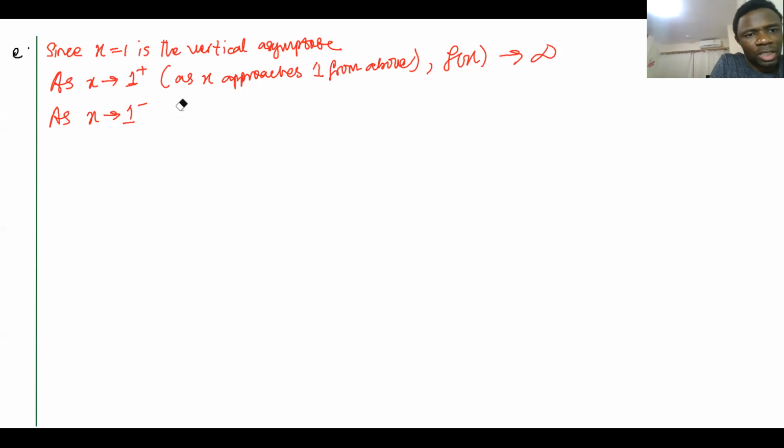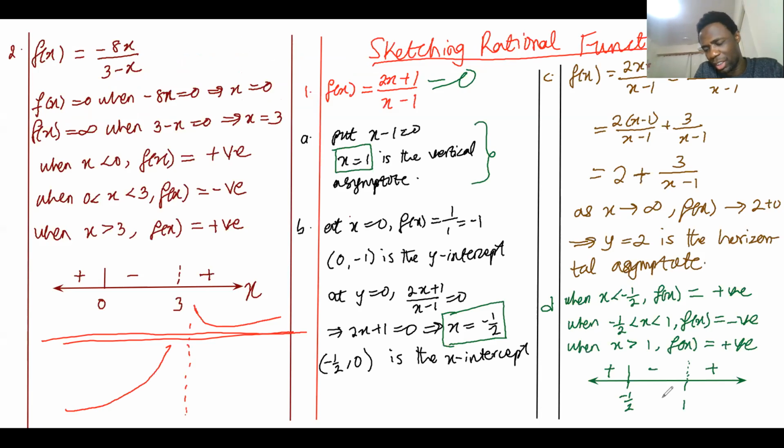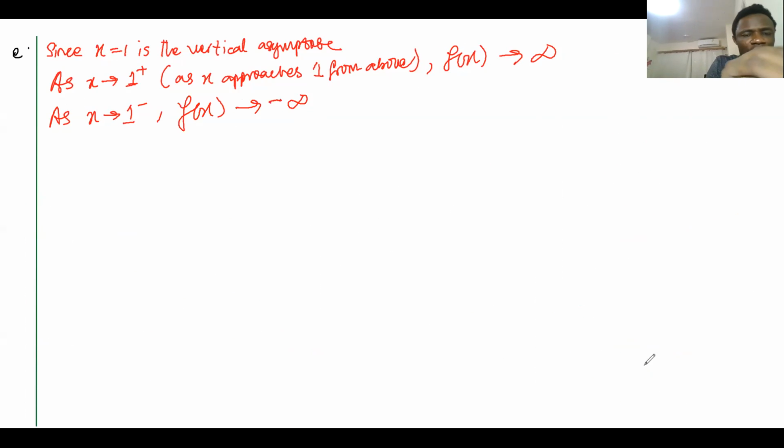As it approaches that, what happens? The function tends towards negative infinity. What do we mean by negative infinity? As it comes from here, this is negative. Negative infinity means you have a situation like this. So this is the x equals 1 line, right? So anyone coming from this side is just going down.